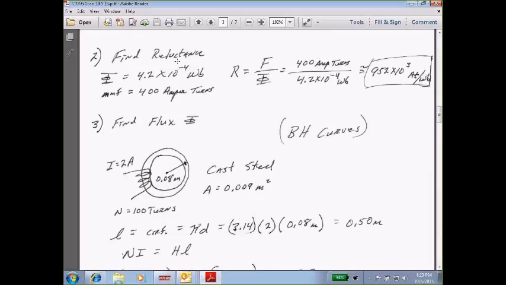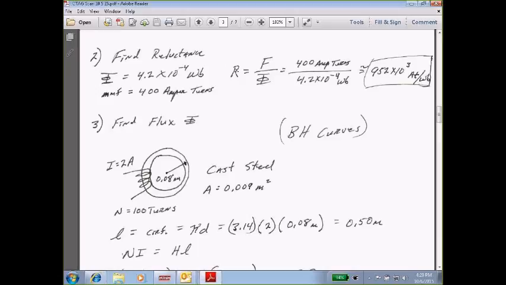Okay, the next one. These are what I refer to as one-liner type problems. Here we're going to find the reluctance, and we know the flux is 4.2 times 10 to the negative 4th Webers, and we know that our magnetomotive force is 400 ampere turns.